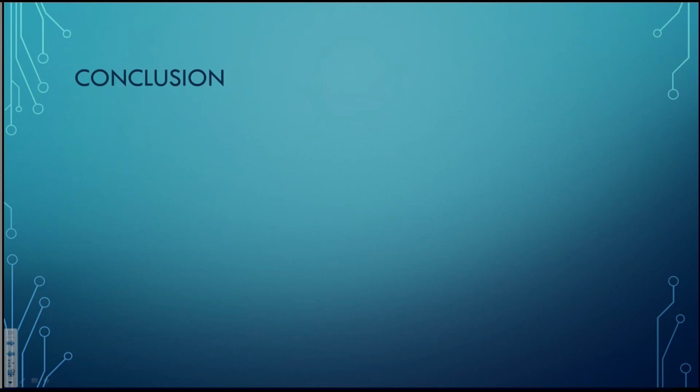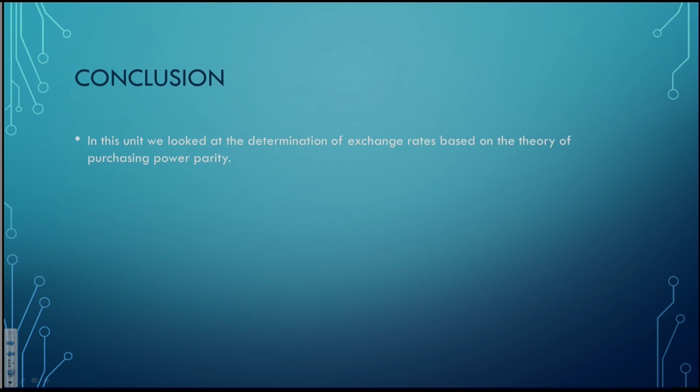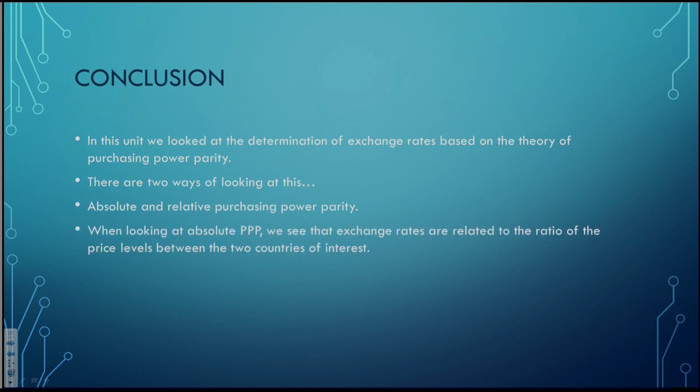All right, so in this unit, we looked at the determination of exchange rates based on the theory of purchasing power parity. And there's two ways of looking at this. We have absolute and we have relative purchasing power parity.